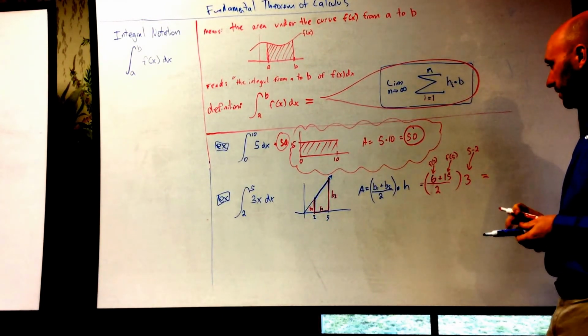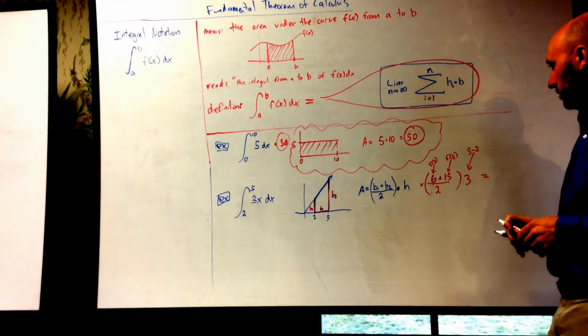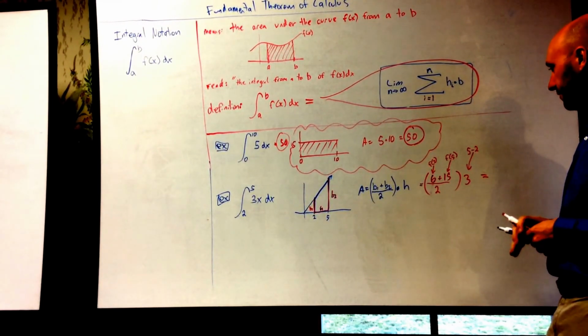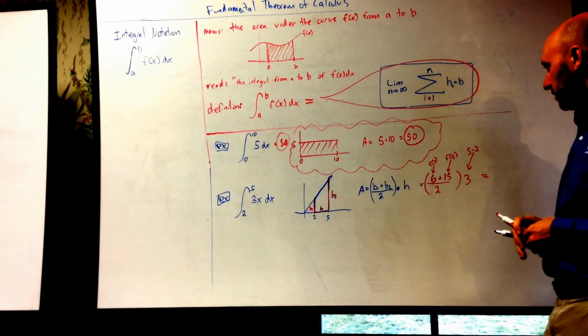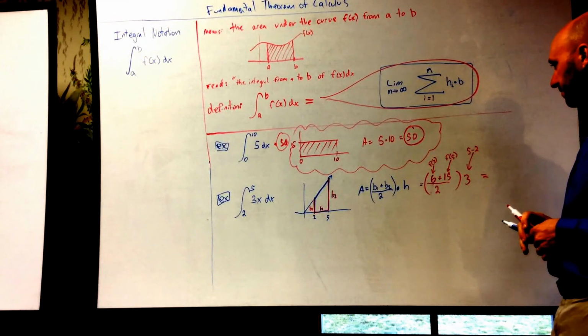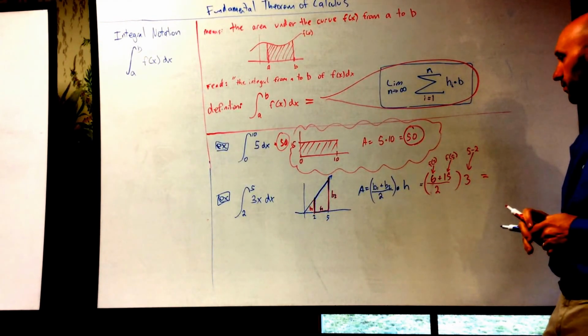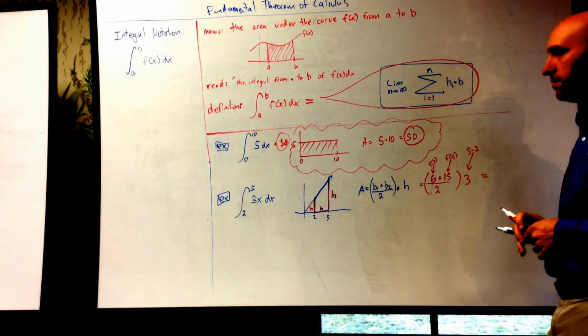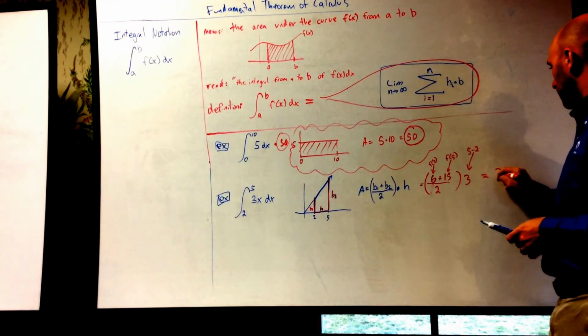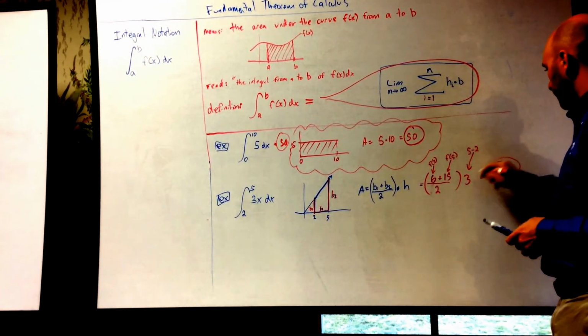And I don't feel like doing that. Has everybody done that already for us? 21 times 3. 21 divided by 2 is 10.5. 10.5 times 3 is 31.5. Perfect.